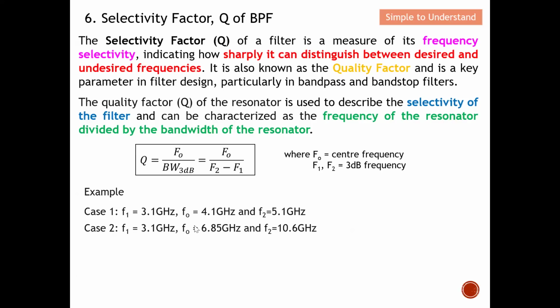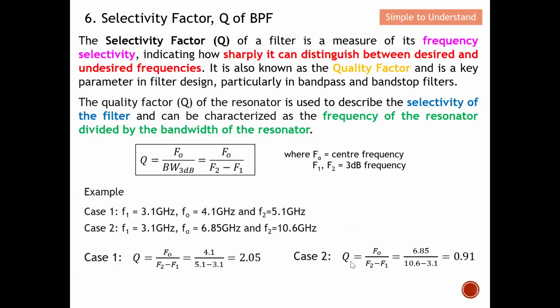Same for this case here. But for this discussion, I'm going to concentrate on the Q, or the selectivity factor of the bandpass filter. From here, I can easily compute my Q value, so I just substitute all the values. Basically, you can see that my Q is 2.05.